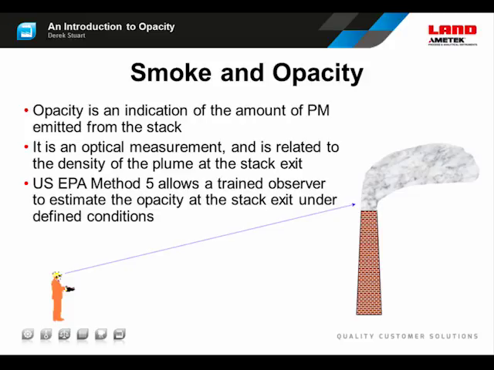So we have to report the opacity at the stack exit, and we have to report opacity measured using visible light related to the sensitivity of the human eye, so that a Method 5 observer can stand and look at the stack and compare their trained estimate of the stack opacity with whatever we're measuring using our instrument.